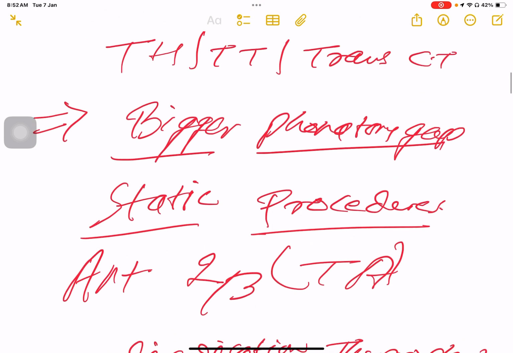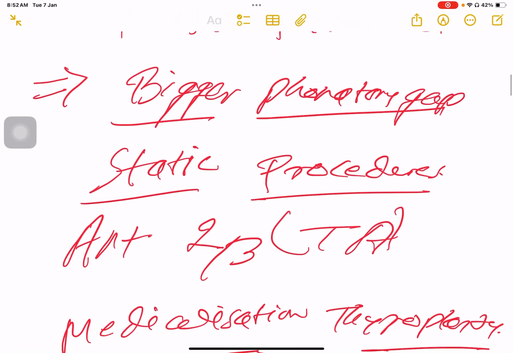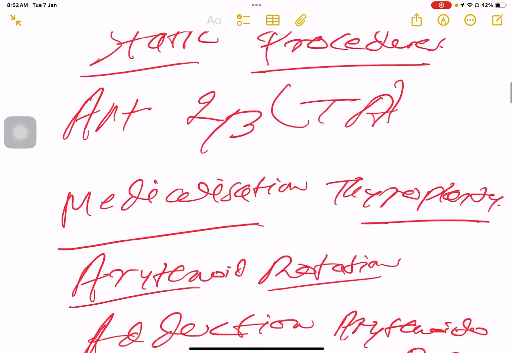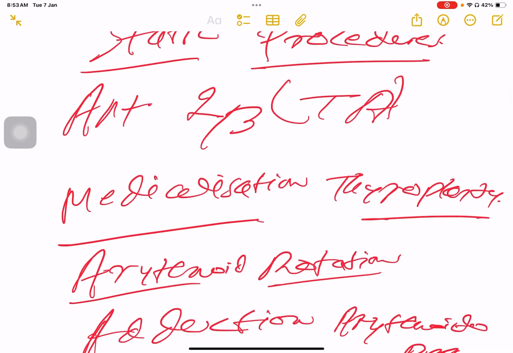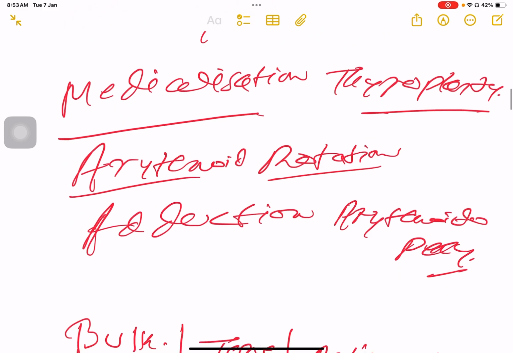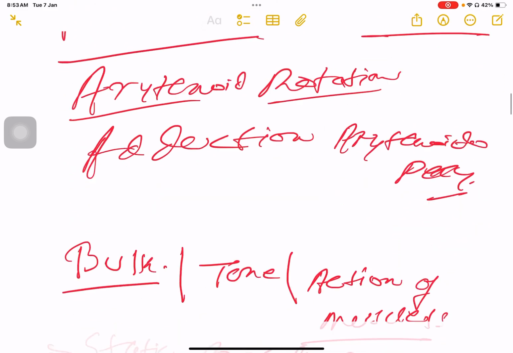If the phonatory gap is large, more than 3 mm, and somehow 1 year has passed and recovery is not possible now, then we could go for static procedures like medialization thyroplasty, arytenoid rotation, adduction arytenoidopexy.